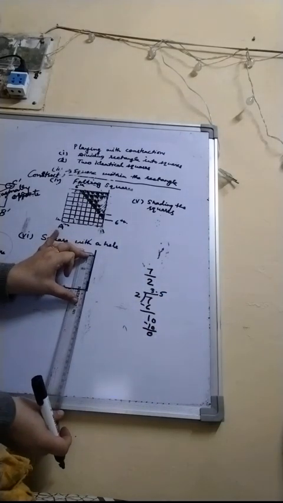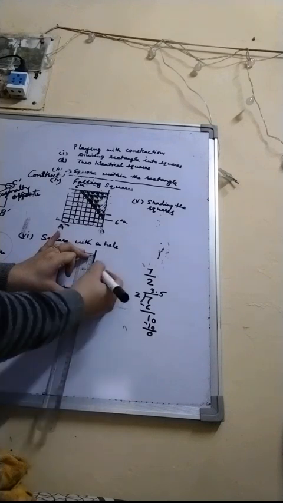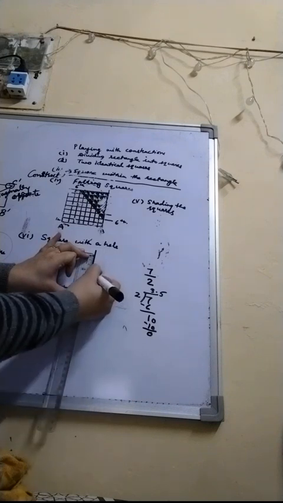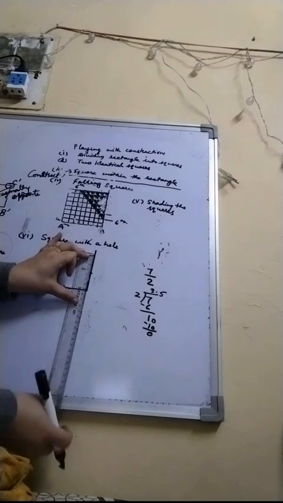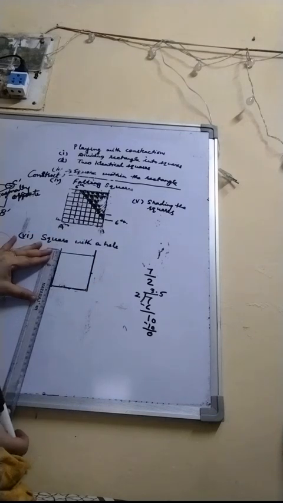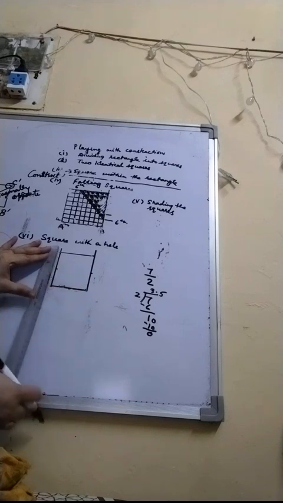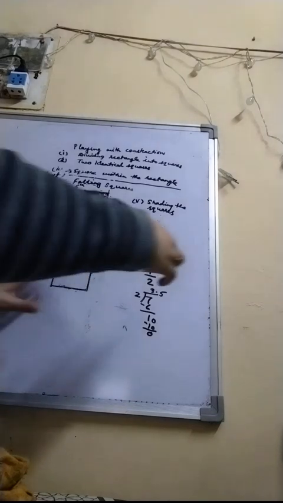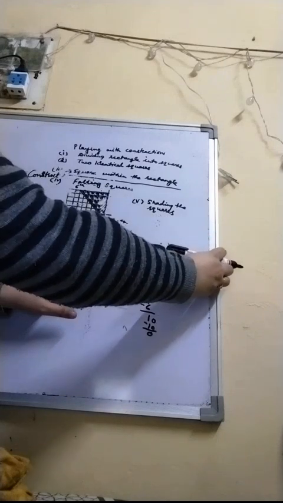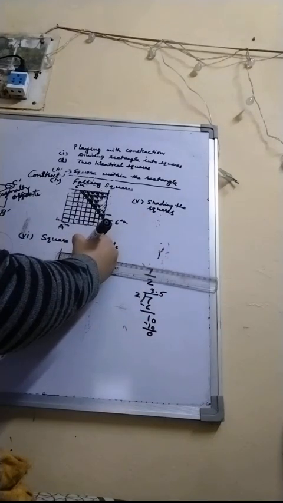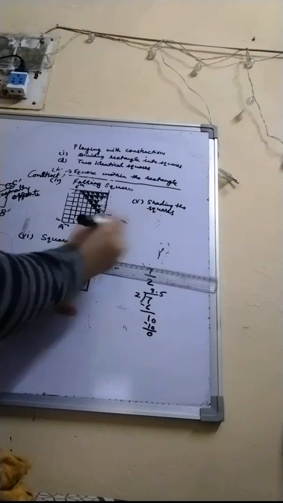Similarly here, 3 and then 5 small lines, you get 3.5 centimeter. Then small line, you get 3.5 centimeter, and then the last one, you get 3.5 centimeter.